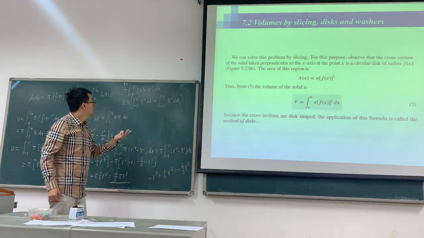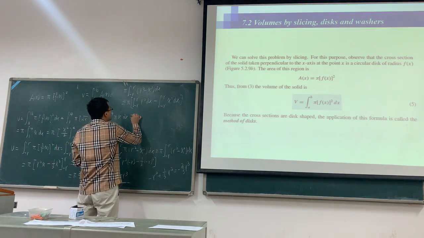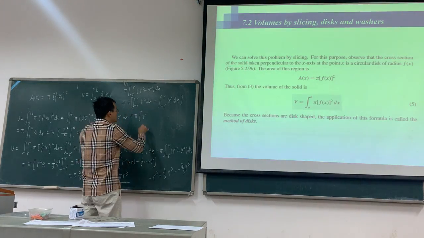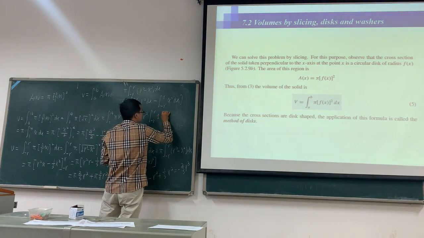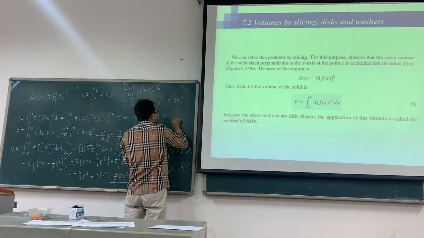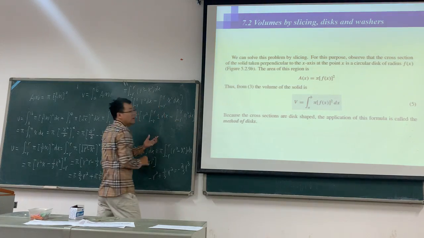Here r squared is a constant, so the constant moves outside the integral. So here is r squared times the integral from minus r to r of 1 dx, minus the integral from minus r to r of x squared dx.